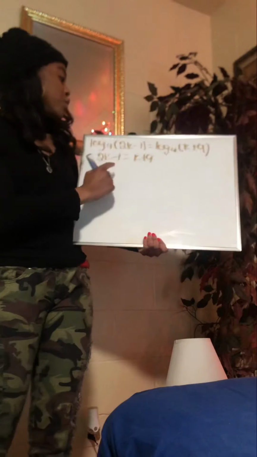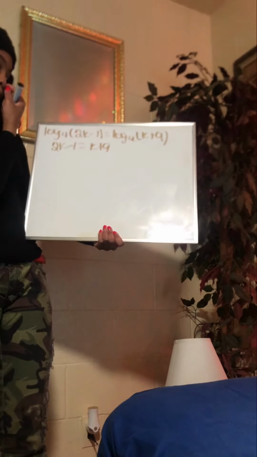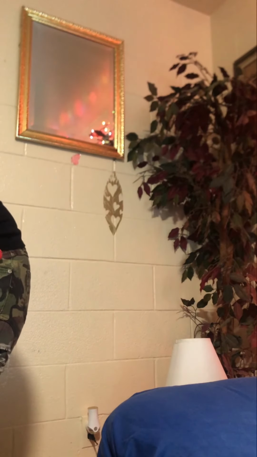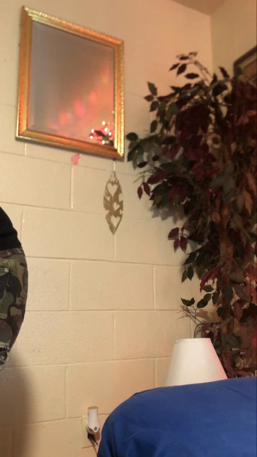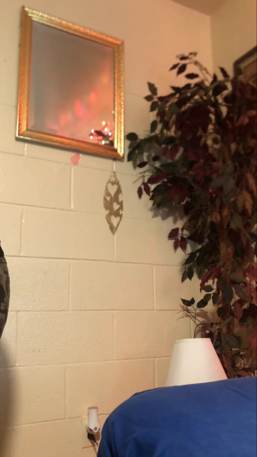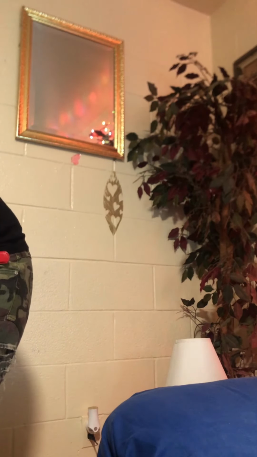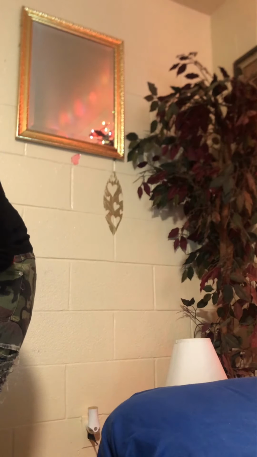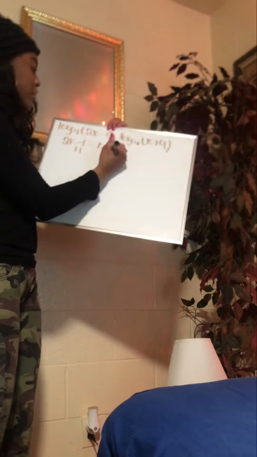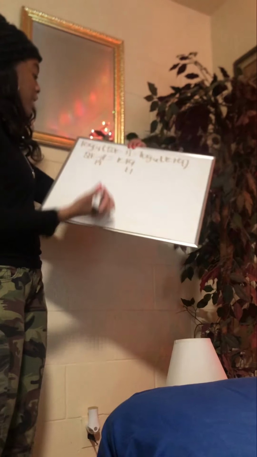Can somebody tell me what's the next step you're supposed to do? That's right, Aaliyah. You're supposed to add 1 to both sides because you want to isolate the variable. Good job, Aaliyah. So you add that 1 to both sides and cancel that out.